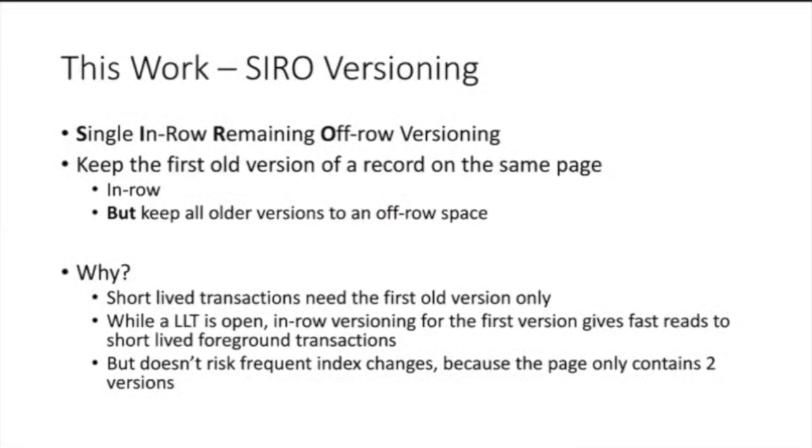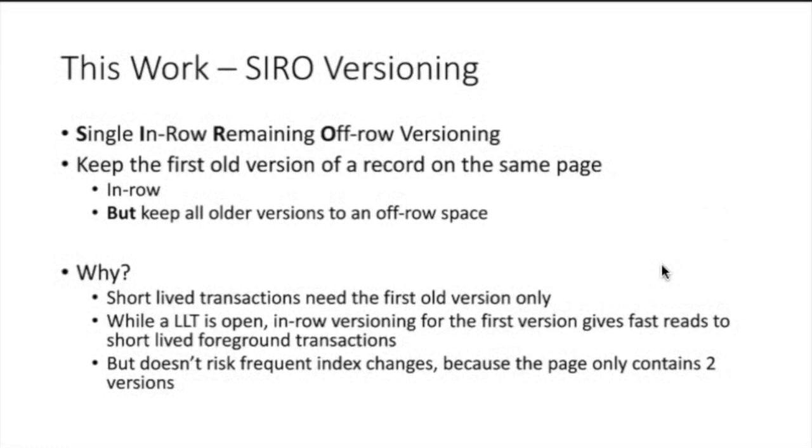So the first old version is in-row, but anything older than that, we keep in off-row space somewhere else. When we're opening a lot of short-term transactions, we might only need the first version to be read so we can get it quickly. And so even when a long transaction is open, we can get fast reads for the foreground transactions.